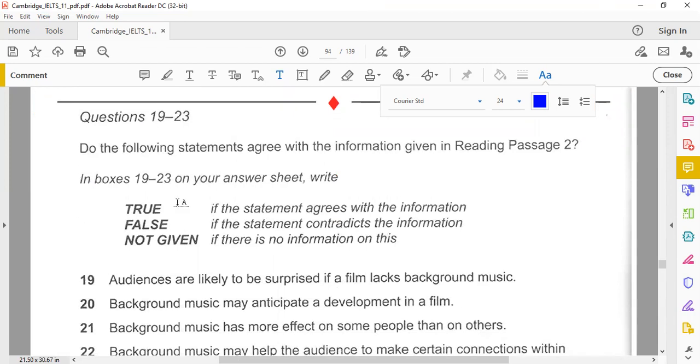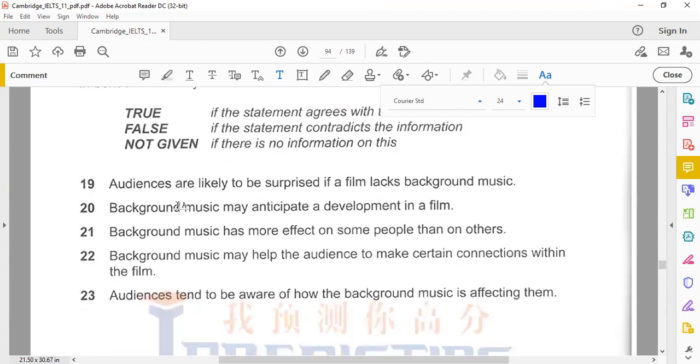We have to write true, false, or not given. Audiences are likely to be surprised if a film lacks background music. Well, this is true. Background music is part of the film, and naturally we will be surprised. So you need to write true, false, or not given.